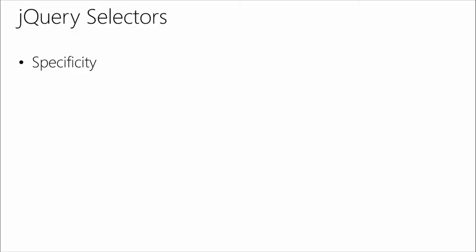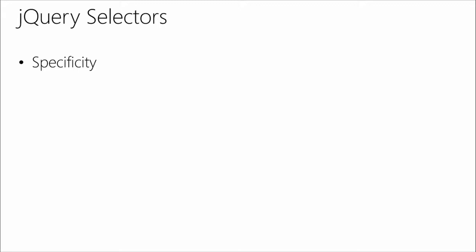With selectors, we have this notion of specificity, which is also a notion in CSS. So when we go to select things, if we think about that DOM tree, it's a big old tree. And it has parents and children going off in the left branch and right and all over the place. When we go to select things, we want to think about a few things, and one of them is, of course, performance.